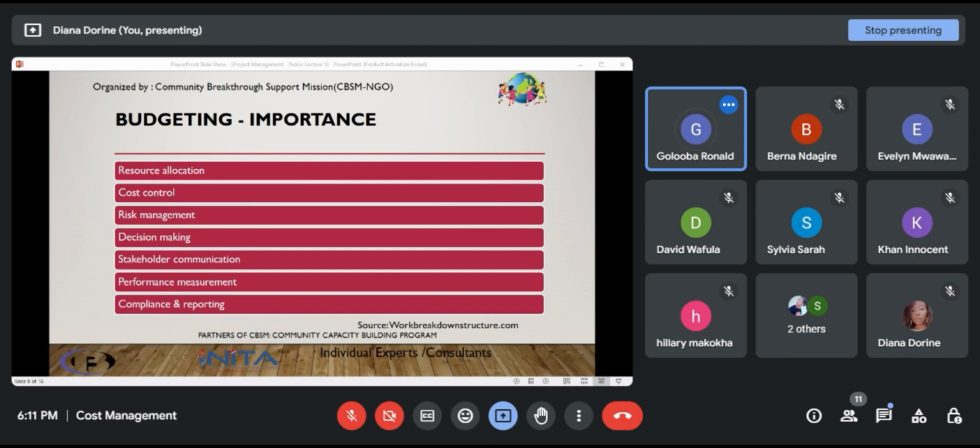Next is risk management. As we've said, once you are making your budget, you are making your estimates, you are making assumptions and identifying the different uncertainties that may happen. So you are able to identify potential financial risks and uncertainties associated with the project. By having that clarity of the risks and understanding of the budget breakdown, you can anticipate and mitigate these risks related to funding shortages, because you know what activities you are going to undertake, and you know if the monies are there or not.